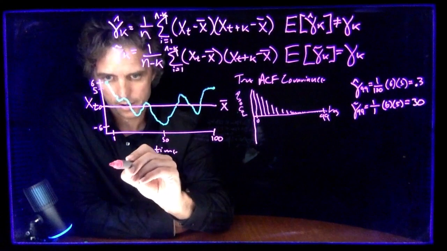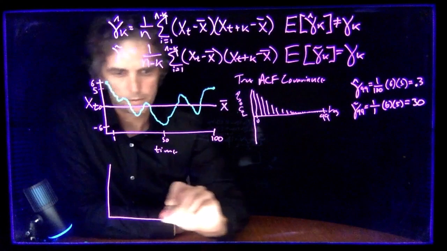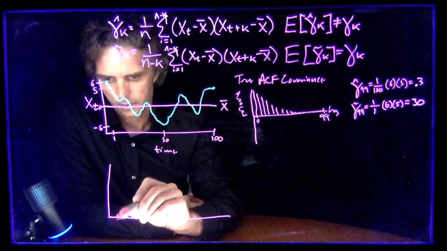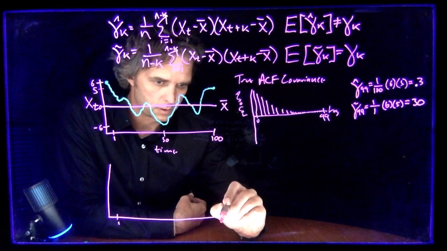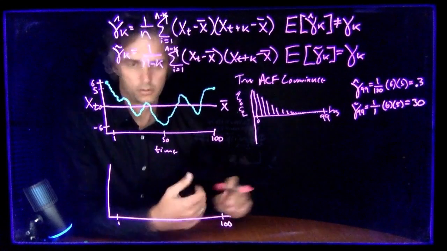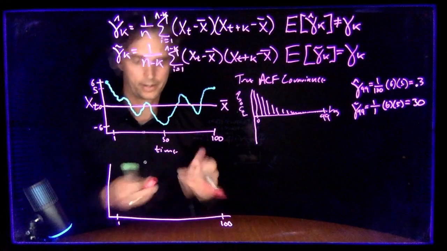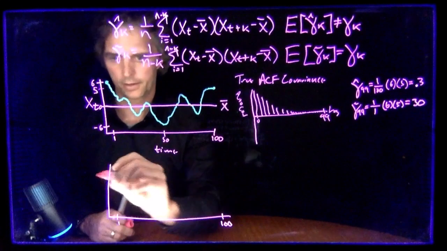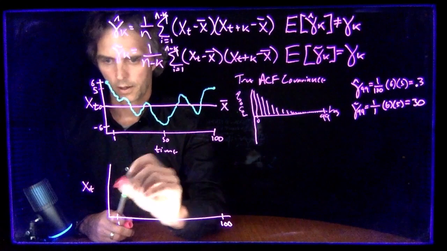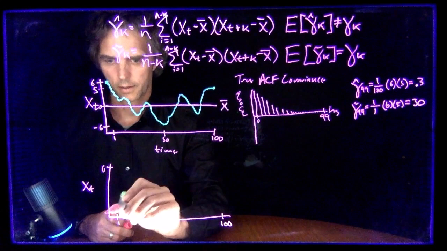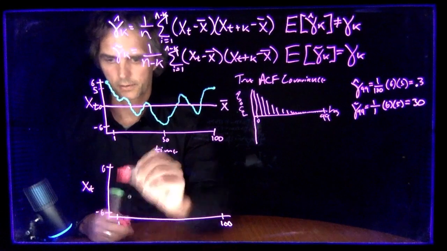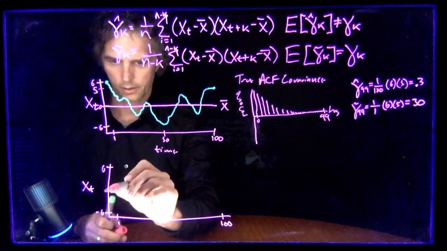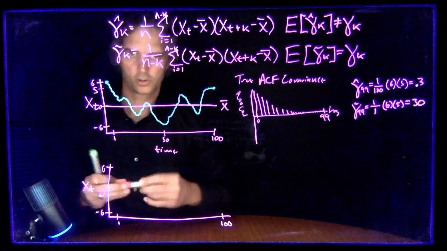But let's say that I had another one, just to drive the point home, with 1 and 100, to show how dependent it is on just where this thing winds up. So again, if I had this as xt, and this is 6, and this is -6, and let's say that is 0, we'll set it up pretty similar.